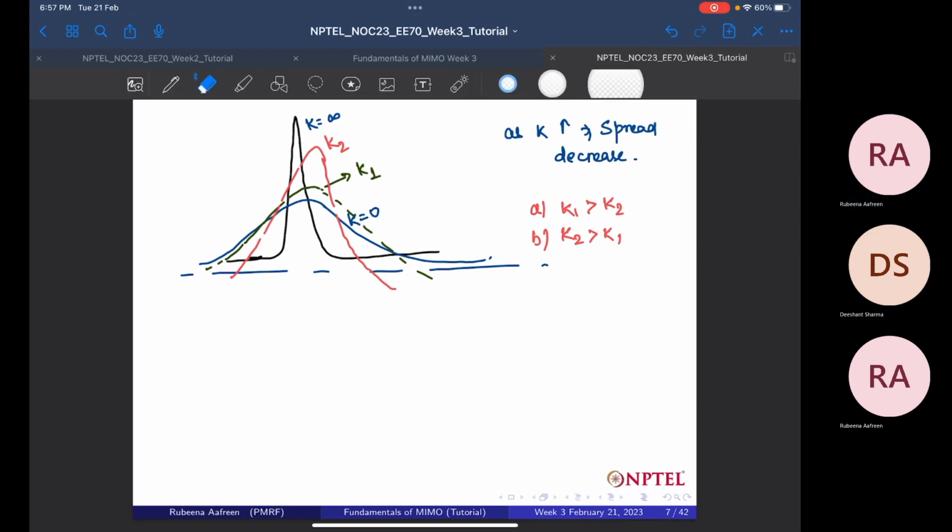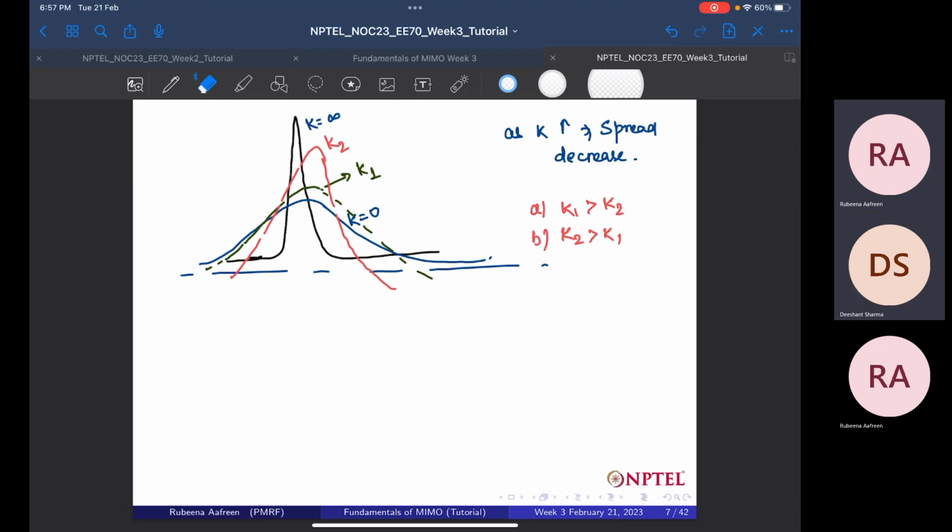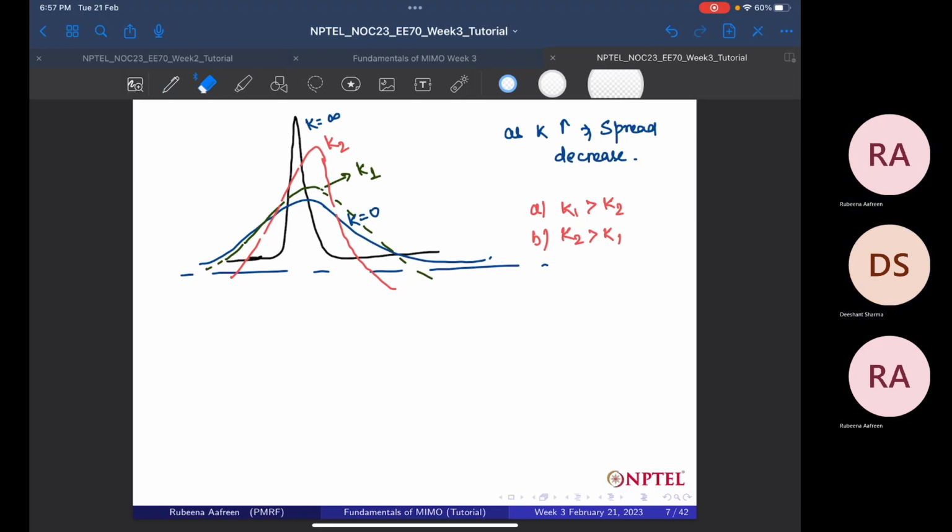Rice factor will decide the spread of the curve. Like, Rice factor is more in K1, K1 is greater than K2. No, Rice factor. See, K equal to 0 is for the Rayleigh case, and K equal to infinity is for when there is no fading. Now you see, spread is more in K equal to 0 or K equal to infinity? When there is no fading, then it will be more like an impulse, right?